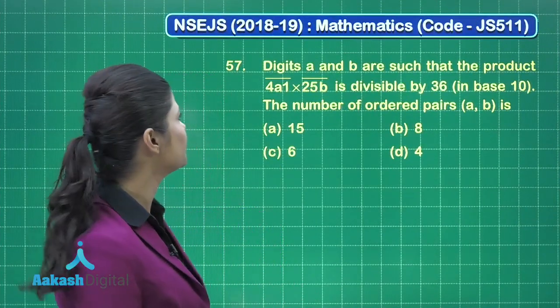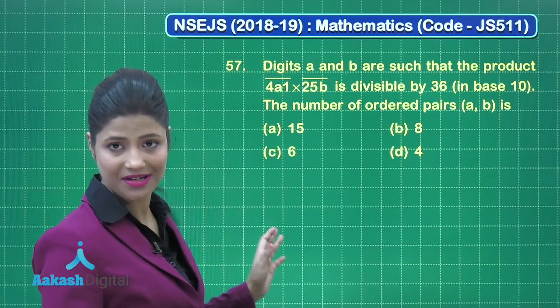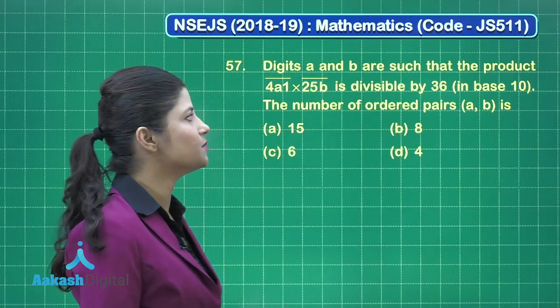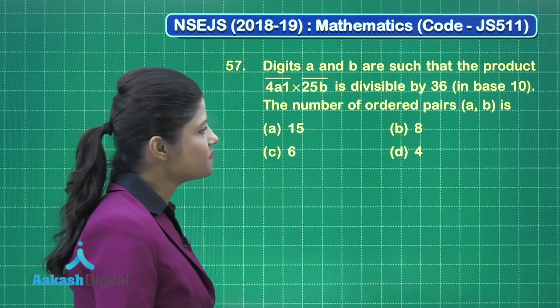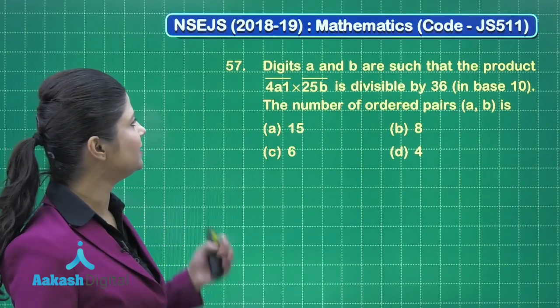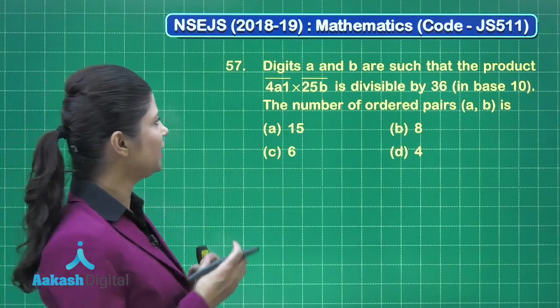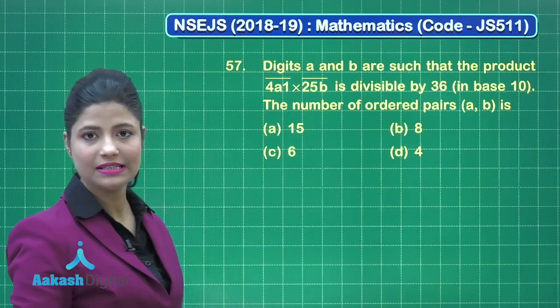It states that digits A and B are such that the product of 4A1, which is a 3-digit number, and 25B, which is also a 3-digit number, is divisible by 36 in base 10. The number of ordered pairs of AB is out of these 4 options. Here you can clearly see we are talking about two 3-digit numbers and their product. So A and B are such that the product of these two will be divisible by 36.